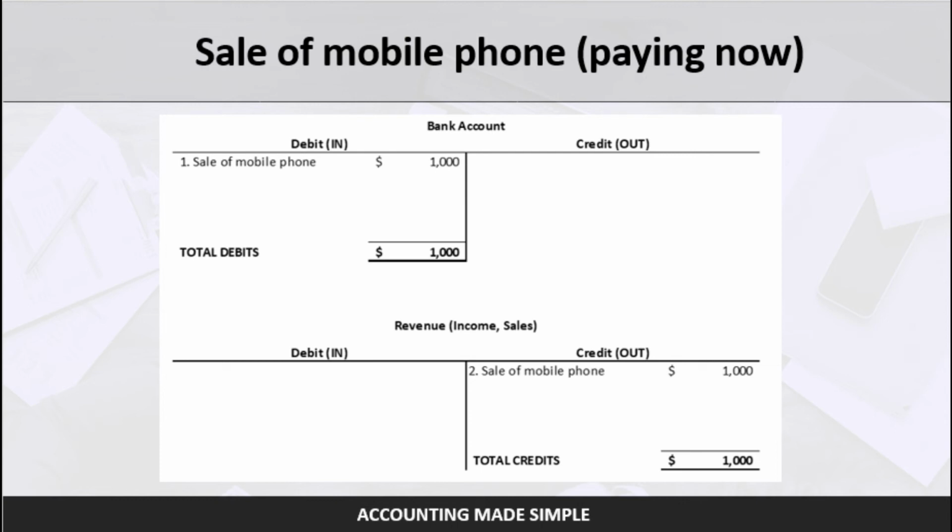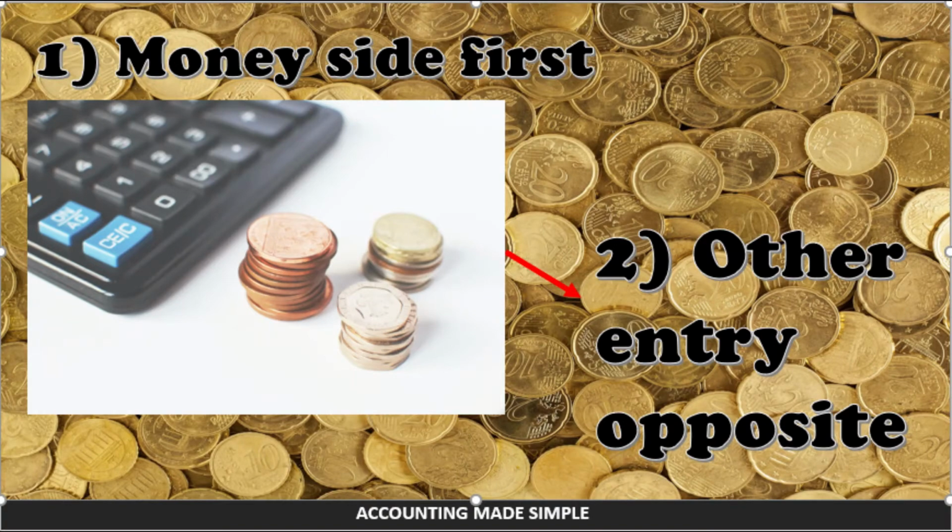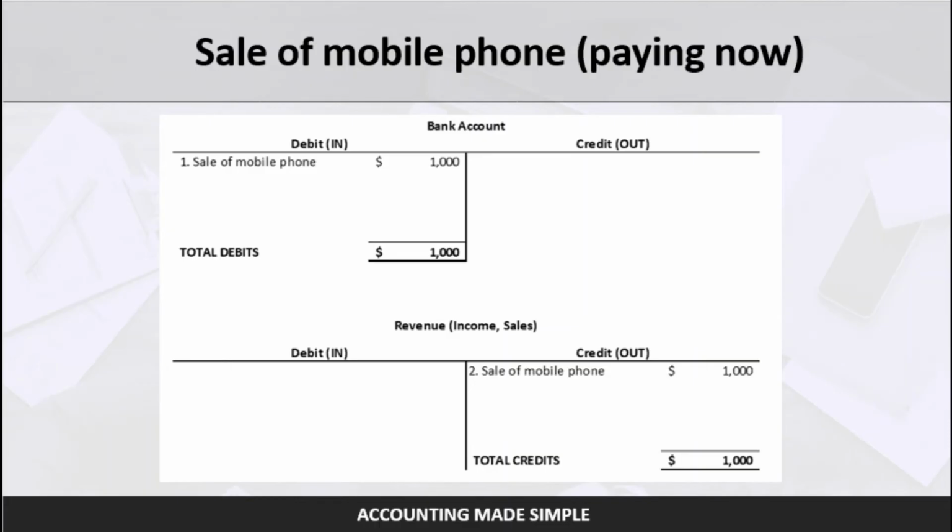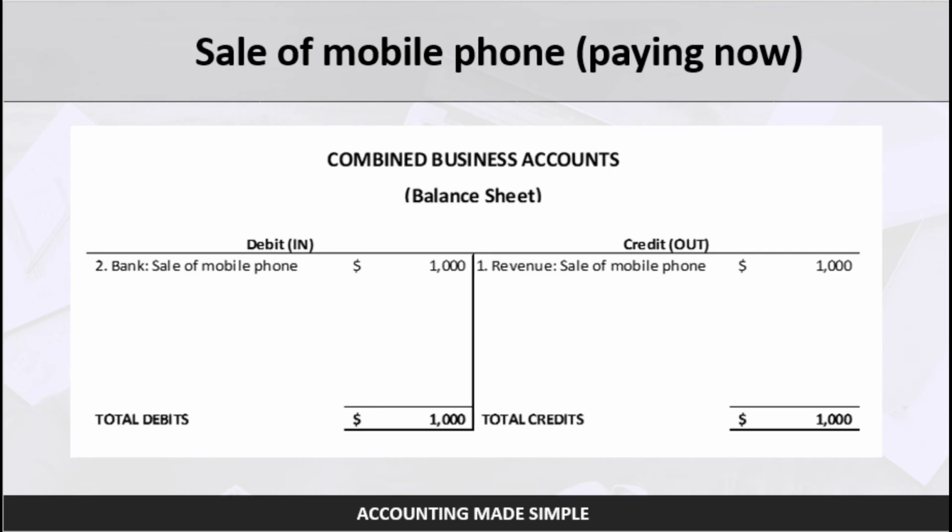What is the other side of the entry? Remember, once you know the money side of the entry, the other entry is always opposite. When we sell goods or services, the other account used is always revenue, also known as income or sales. When the two entries are combined, they look like this.